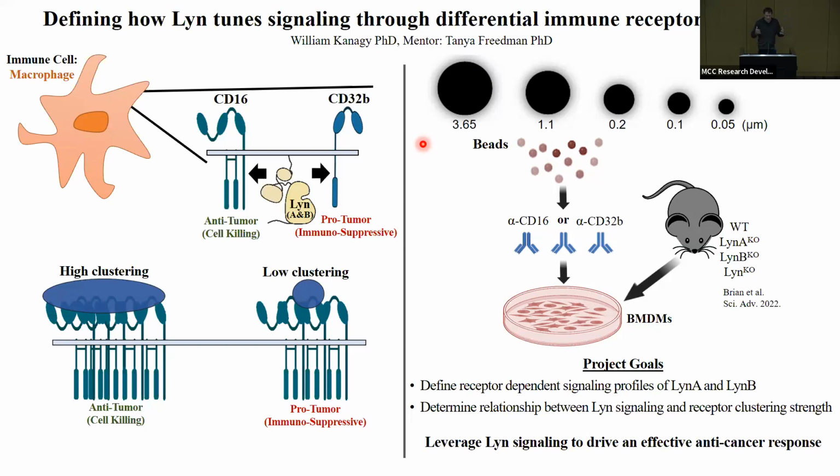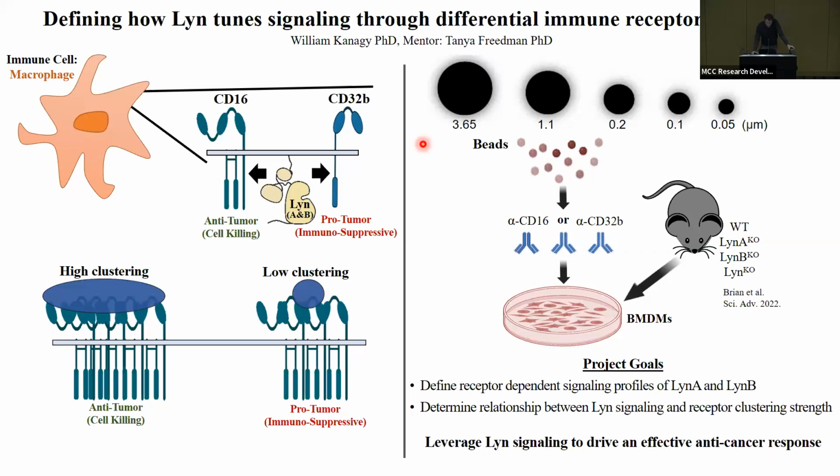We target these receptors specifically by using anti-CD16 specific or anti-CD32 specific antibodies separately to target each receptor pathway. On top of that, the lab has previously been able to develop Lyn A knockout and Lyn B knockout specific mice. I can then isolate bone marrow derived macrophages, or BMDMs, from those and target each receptor pathway with only activity of Lyn A or Lyn B present.